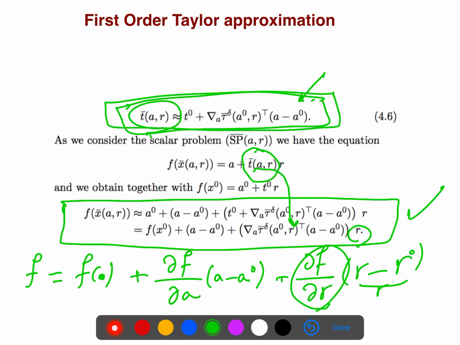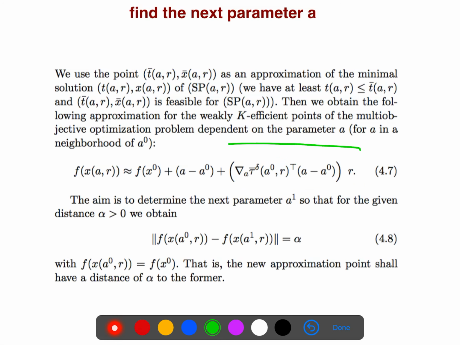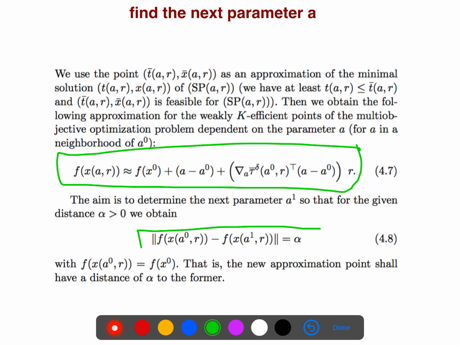If you rewrite this equation here, we want the distance between those two points in the objective space, as I said in my previous lecture, to be alpha.